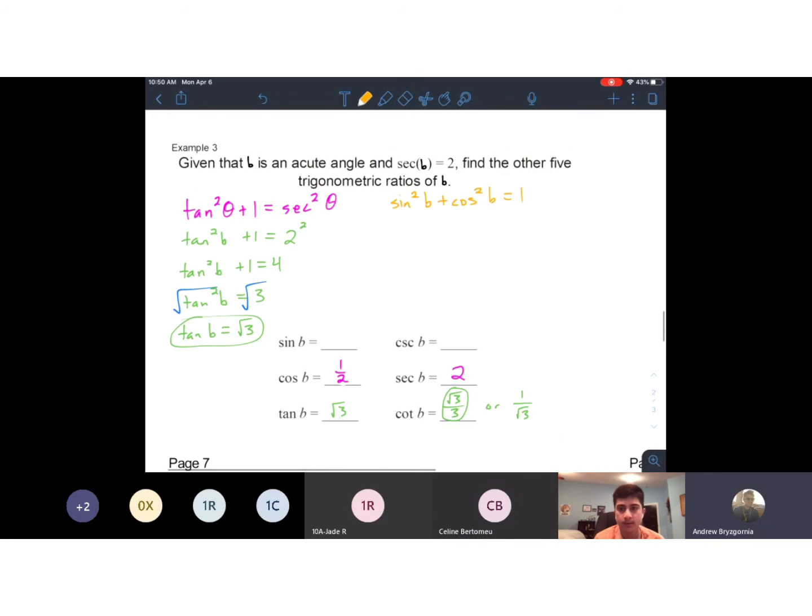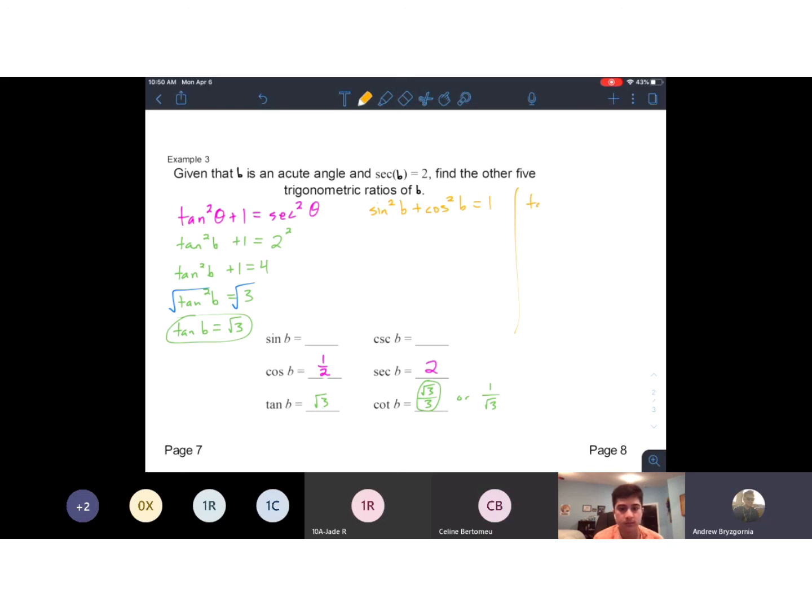So we've got that suggestion, and also now looking at these two, either of these will work for us. I have a preference, but I want to hear from the rest of you. Which one would you rather use? Do you want to use sine squared plus cosine squared, or the tangent equation? The tangent equation.